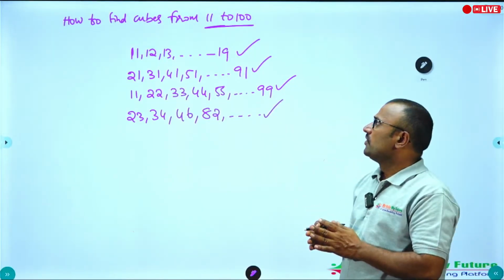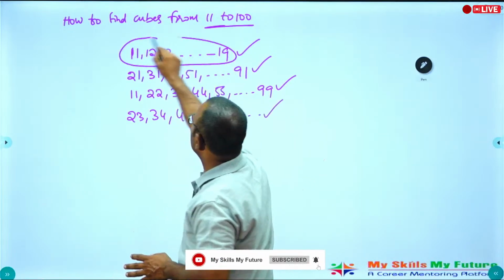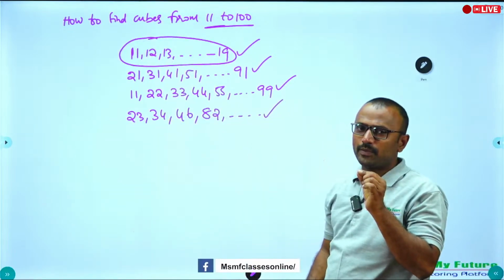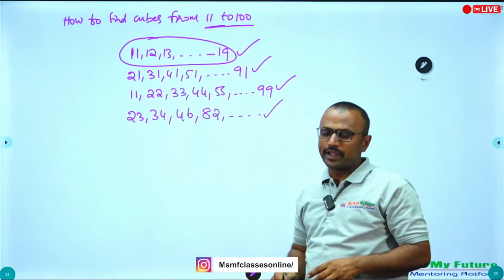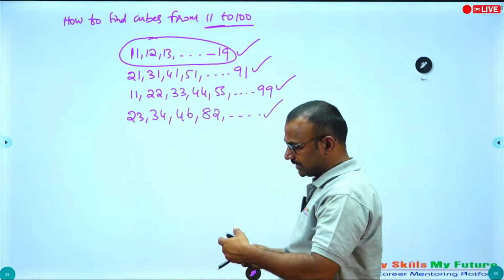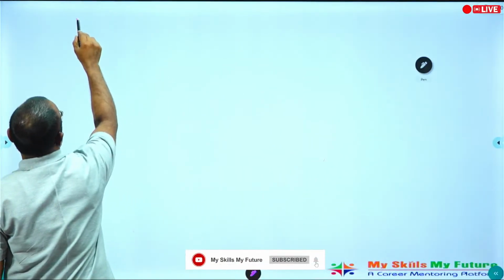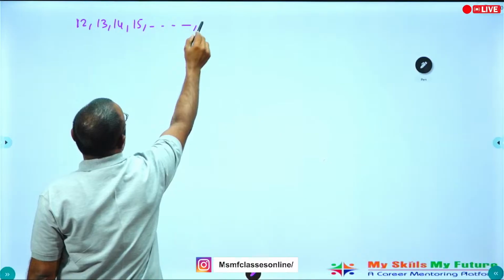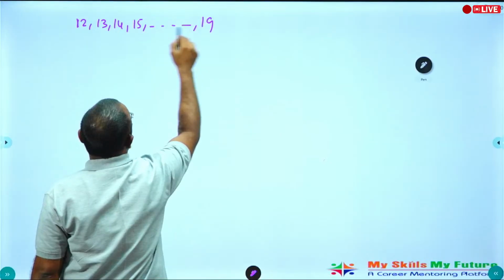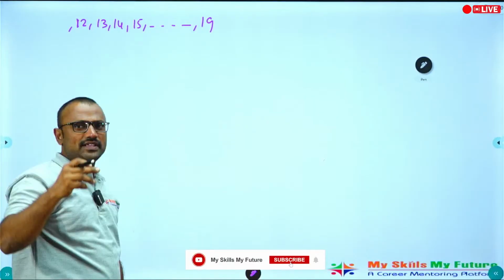First we will find the cube of a 2-digit number starting with 1, like 12, 13, 14, and so on up to 19. 11 comes under 2-digit numbers having the same digit.